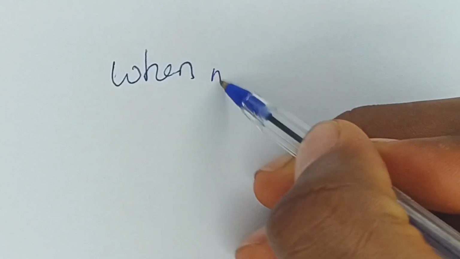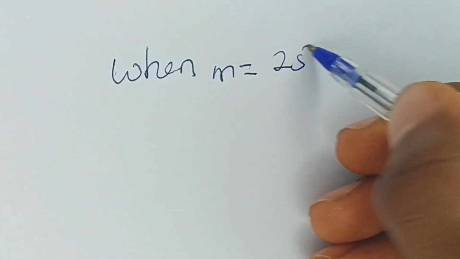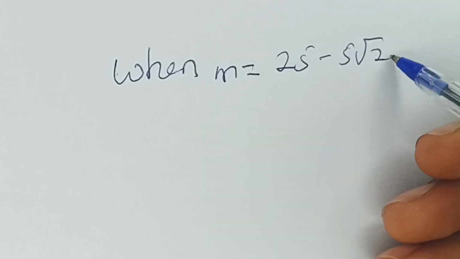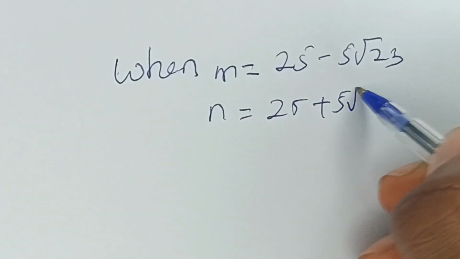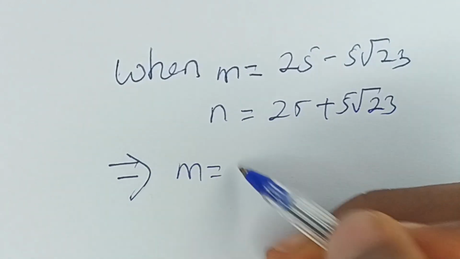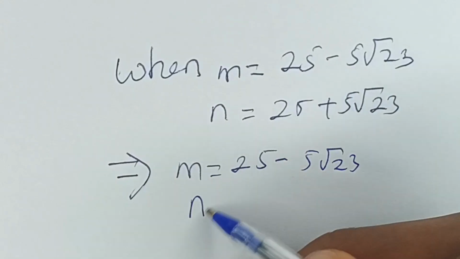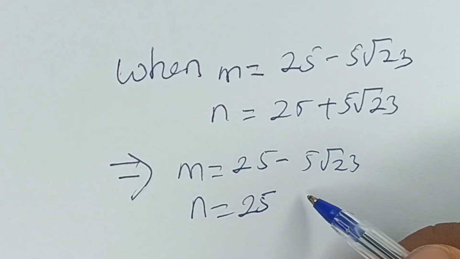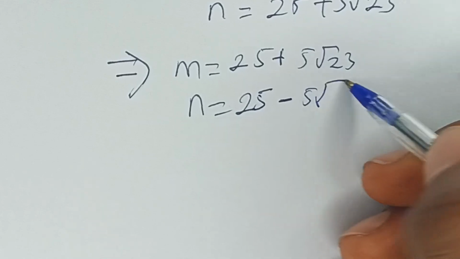Alright, from here we can now say that when m is equal to 25 minus 5 root 23, n is equal to 25 plus 5 root 23, which implies that when m is equal to 25 plus 5 root 23, n will be equal to 25 minus 5 root 23.